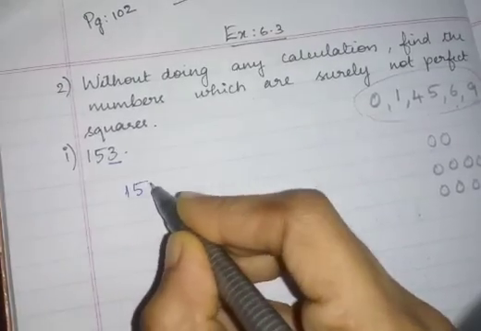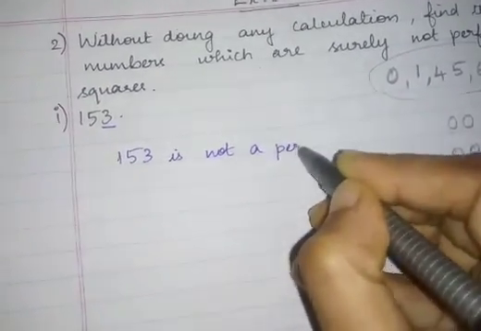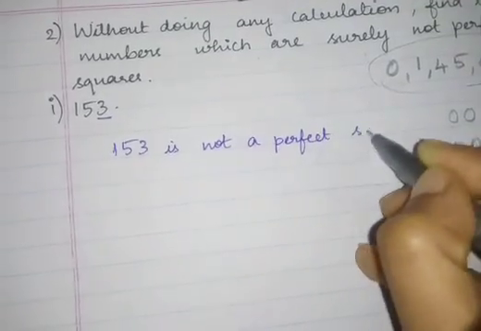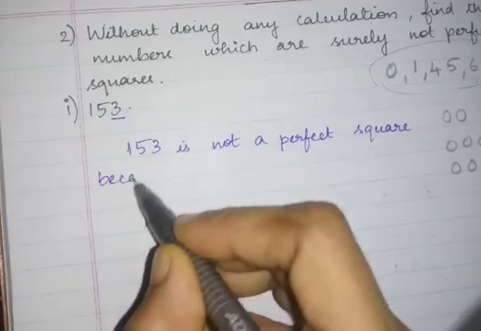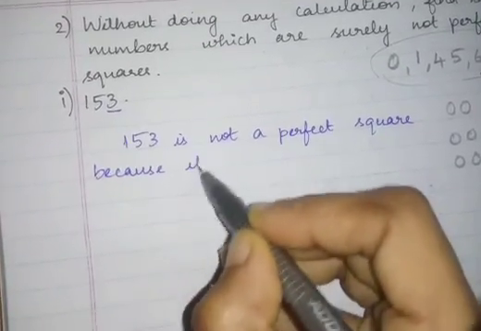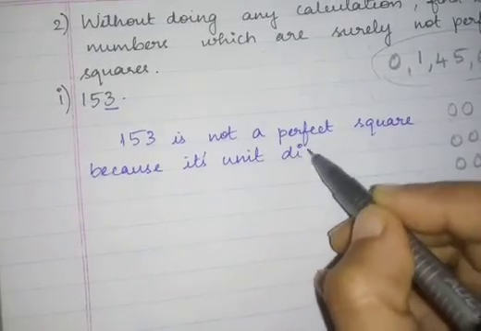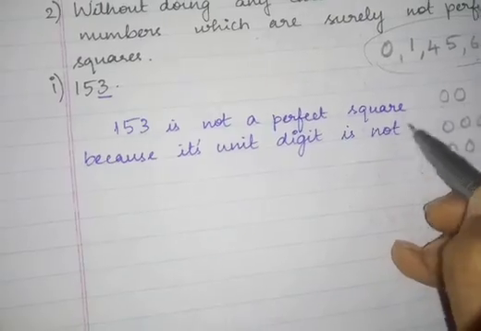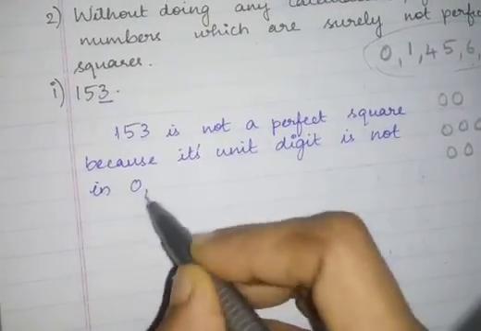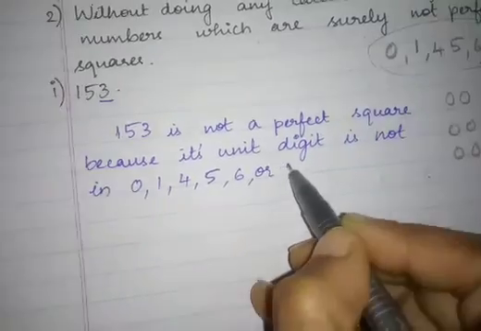So we say 153 is not a perfect square, because its unit digit is not in 0, 1, 4, 5, 6 or 9.